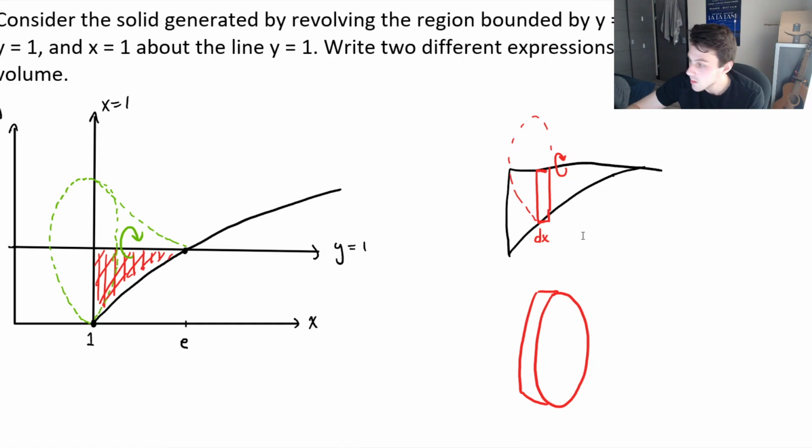Not an artist, but this here is our line that we're revolving around, y equals 1. And we just said that this has a thickness of dx. Our goal is to find out what this volume is, this little red disc that I've drawn.